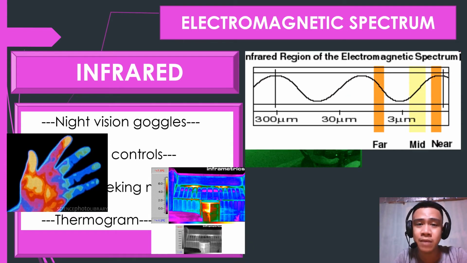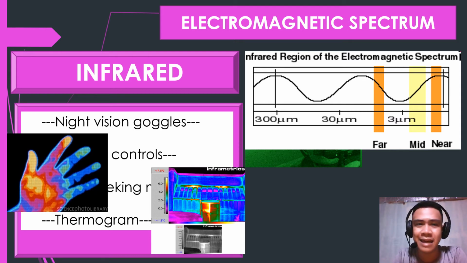And this is the wavelength of the infrared, in the range of 3 micrometers, which is much smaller than the microwaves.